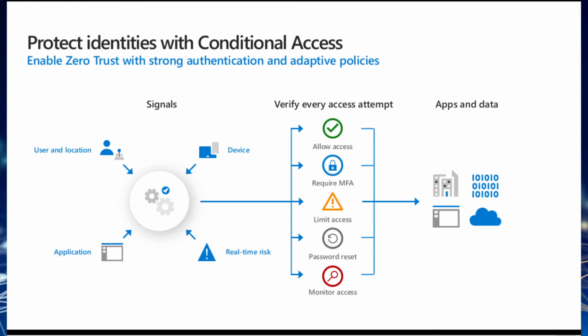So it's robust controls that allow you to define specific conditions for how users authenticate and gain access to applications and data. So you can customize and manage automated policies and get reporting on the policies applied for each sign-in. So Microsoft Conditional Access gives you the power to enforce the core principle of zero trust: never trust, but always verify.